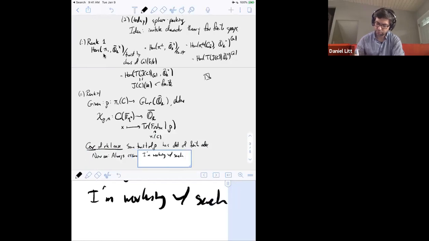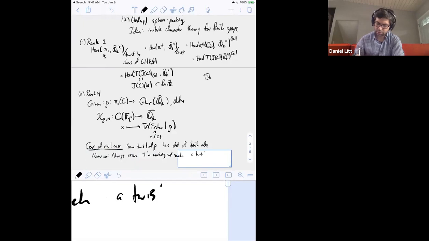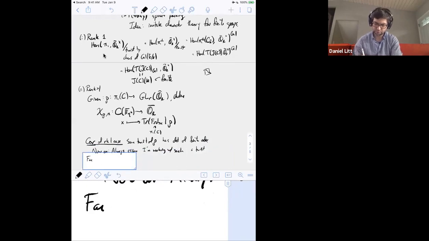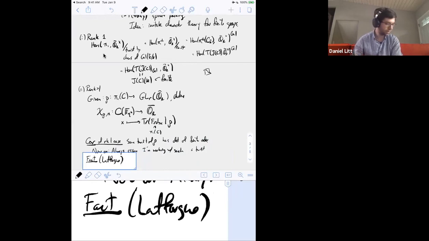And we'll use the following fact, which is due to Lafforgue. So this is a corollary of his work on the Langlands program for function fields.